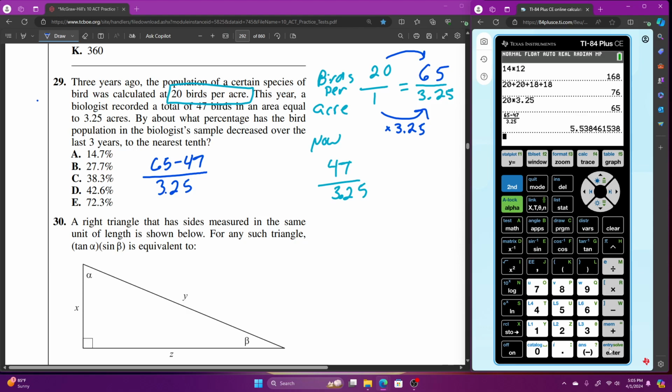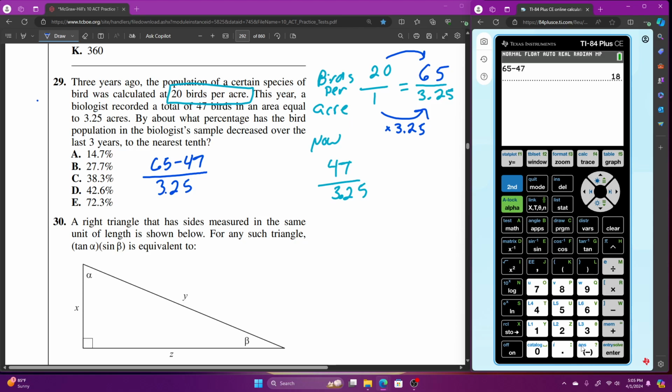So let's see. 13 over 3.25. Oh wait, that's not what I want to divide by. My bad. Oh shoot, why did I delete everything? How much did we decrease by? We decreased by 65 birds minus 47 birds per 3.25 acres.